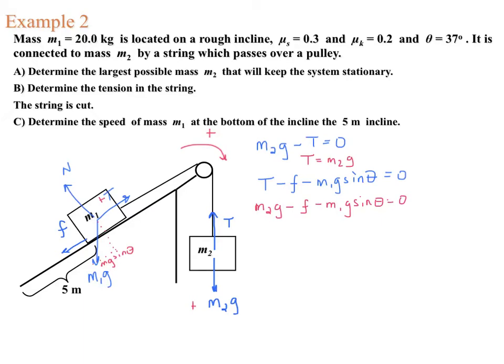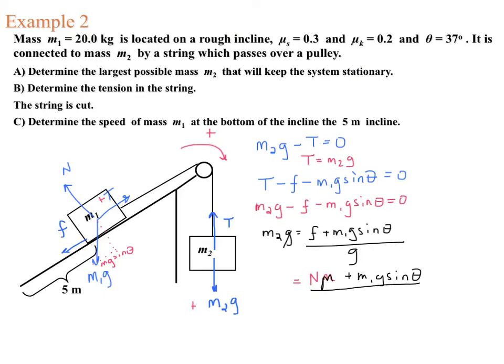So I want to get mass 2 by itself. So I'm going to move everything to the other side. And then to be a little bit more specific, I'm going to say, well, my frictional force is dependent on my normal force times my coefficient of friction. Now this is a mu, plus m1g sine theta, divided by g.